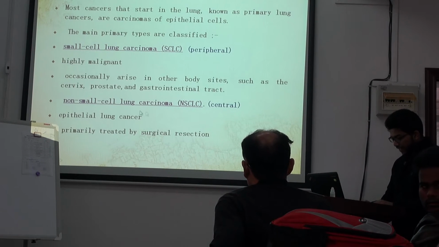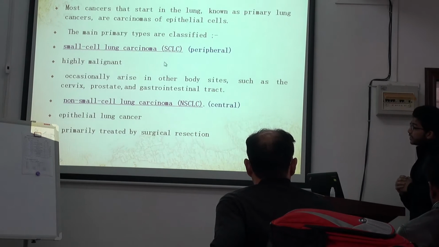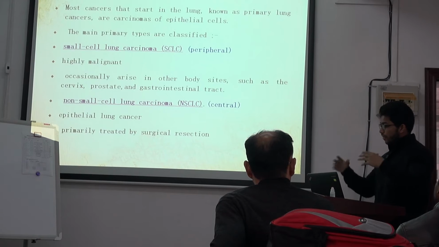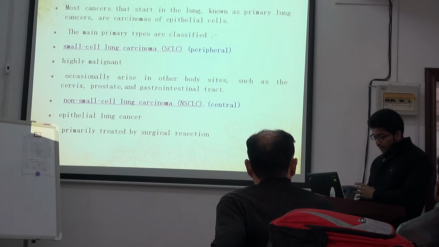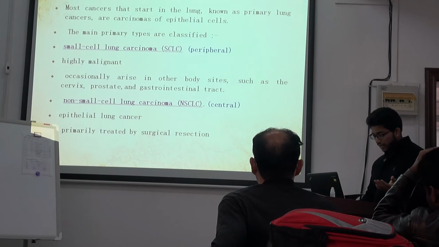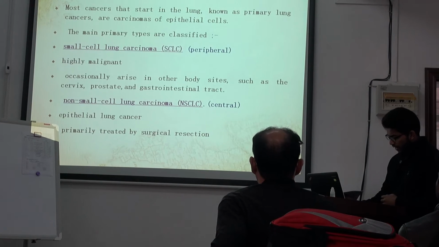This is the epithelial cancer and it is central, and small cell lung carcinoma is peripheral. Peripheral in the sense it can be above the bronchi, above the primary bronchi, and in different parts. It can spread to other parts of the body like cervix, prostate, liver, and GI tract.